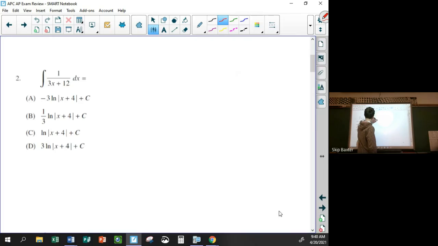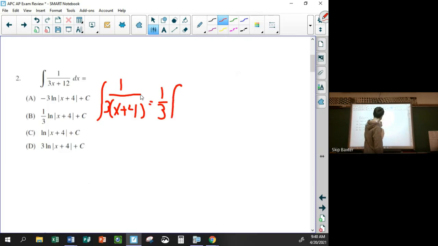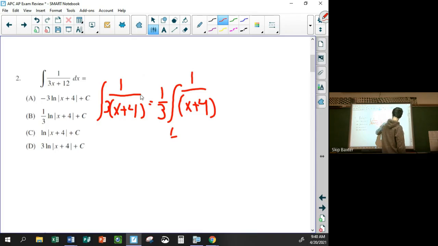I'm going to take 3 out of the bottom, so this becomes x plus 4. So 1/3 integral 1 over x plus 4. Then this is 1/3 ln x plus 4. My apologies.